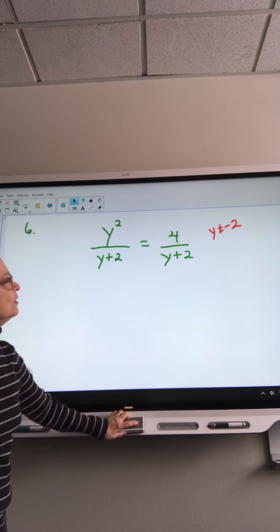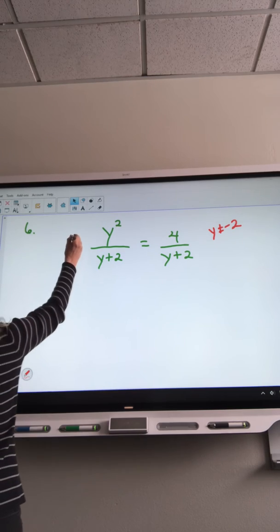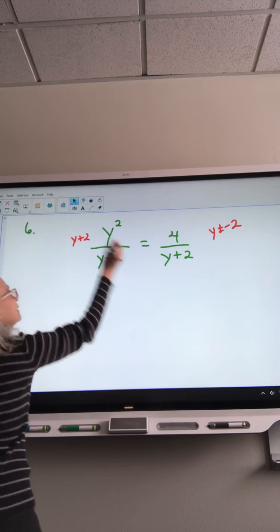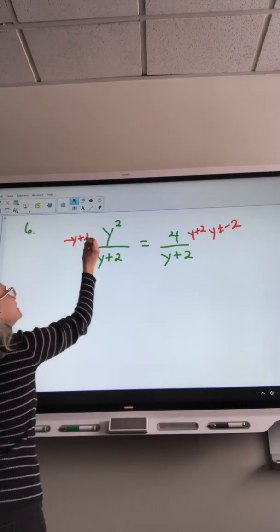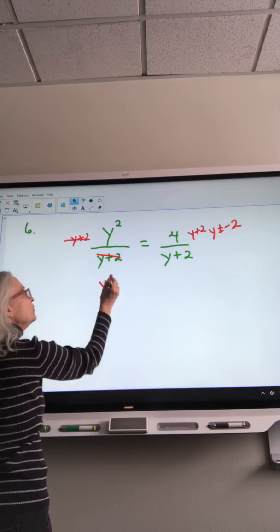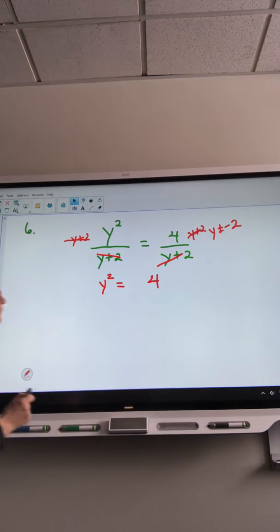Okay, so now that we know that y cannot equal a negative 2, it sure looks like y plus 2 is our common denominator. So we're going to multiply both sides by y plus 2. And of course that cancels out. So we've got y squared is equal to 4.